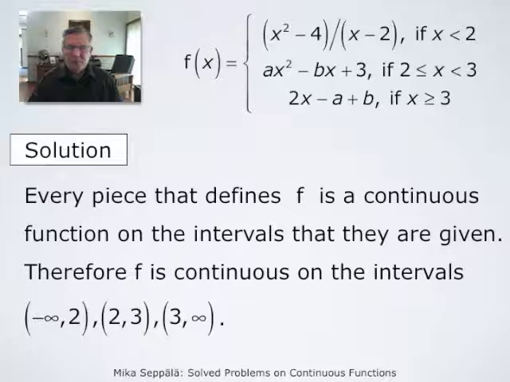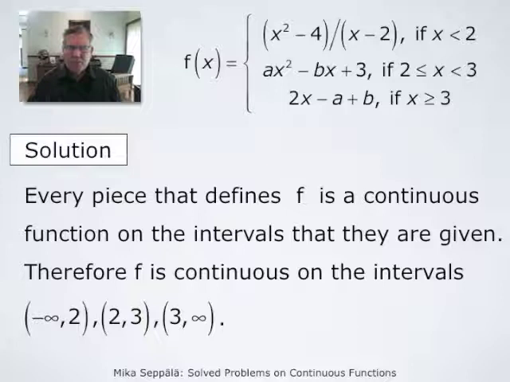So we observe that every expression defining the piecewise defined function f is certainly continuous on the interval where it is being used. So f is continuous on the interval from negative infinity to 2, open interval, from 2 to 3, open interval, and then from 3 to infinity, open interval again.